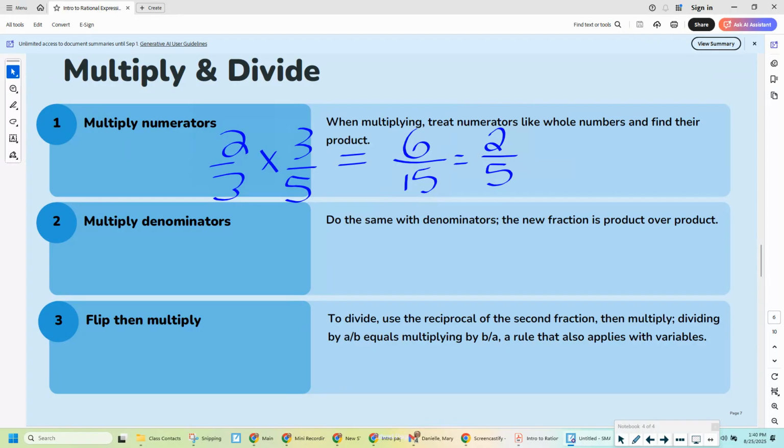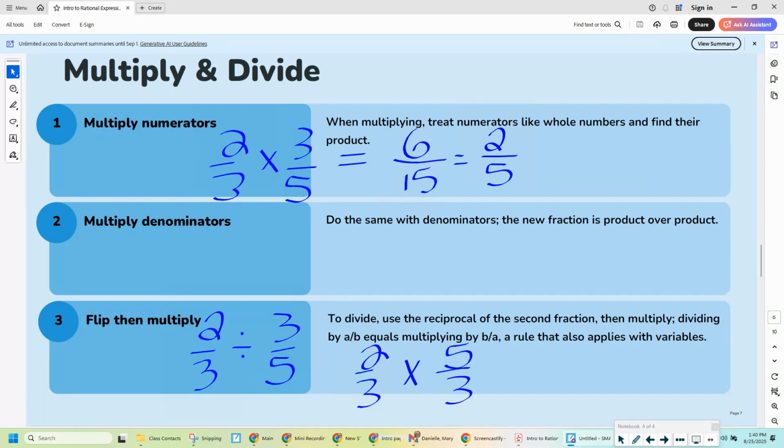When we are dividing fractions, you're actually going to turn it into a multiplication problem. So let's look at that same set there, but we're going to put a division sign in here. 2/3 divided by 3/5 is the same as 2/3 times 5/3.